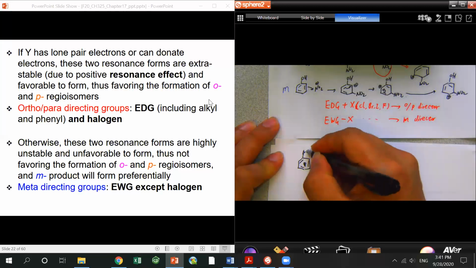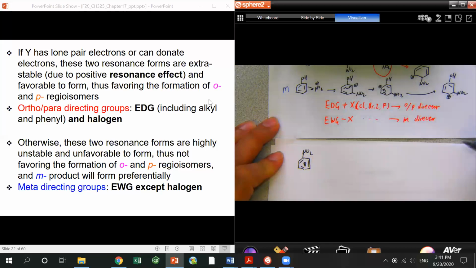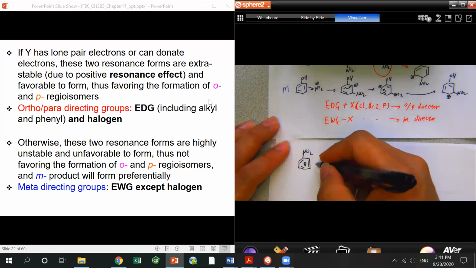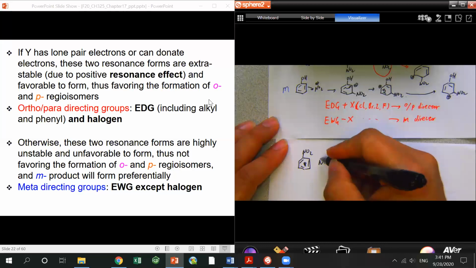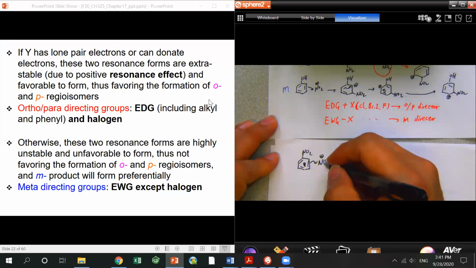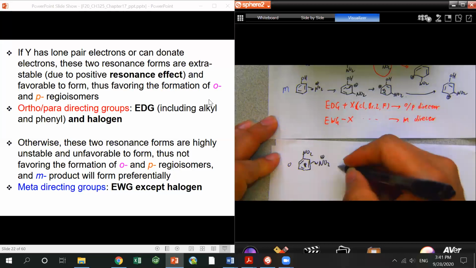So nitrobenzene, the nitro group, we already know is an electron withdrawing, deactivating group. So we try to do the second nitration reaction. We try to draw the product first.